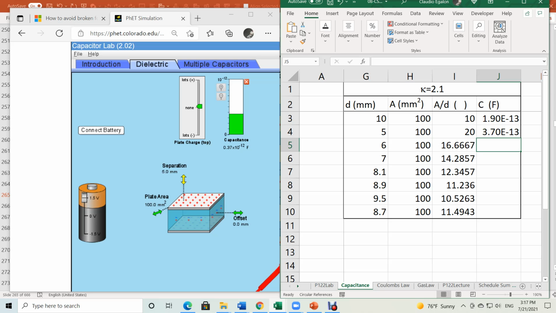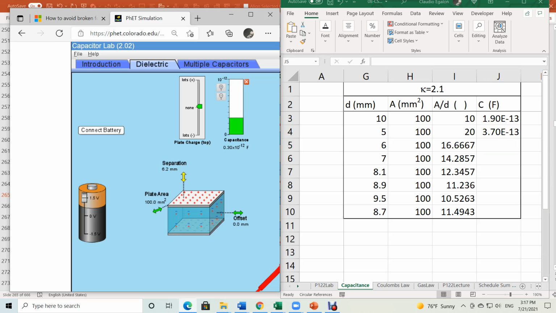Then we increase to 6 millimeters. 0.31 times 10 to minus 12. Okay. Let's go to 7 millimeters.